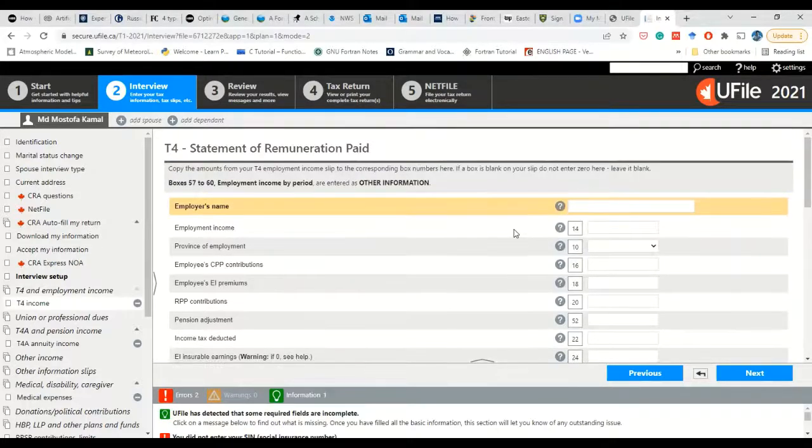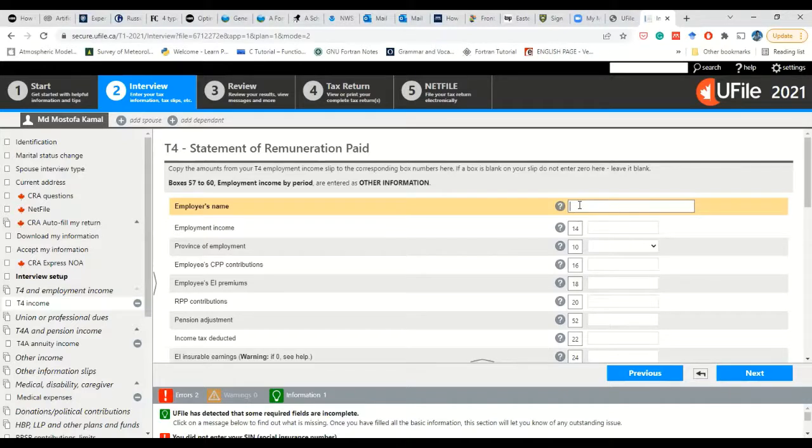As you remember from my presentation, you just need to transfer all the information from your T4 form into this software. I told you that an employer issued the T4; in my case, it is the University of Saskatchewan.